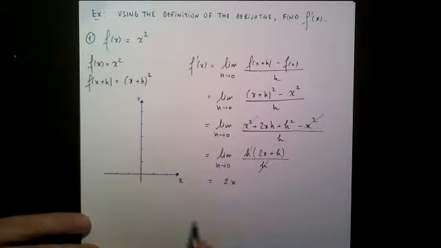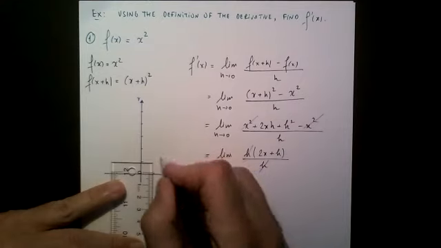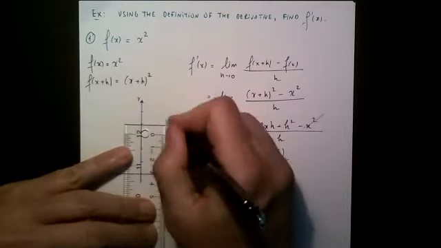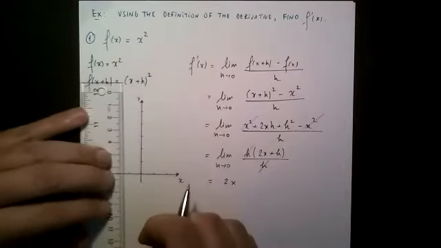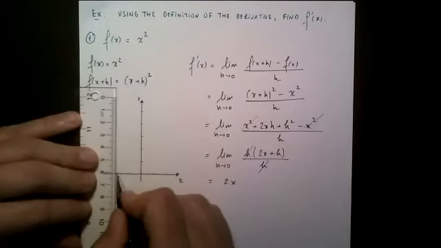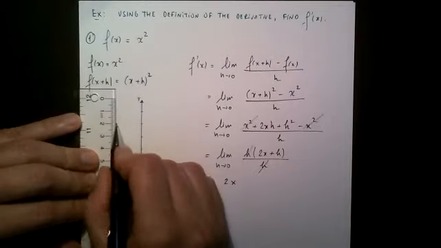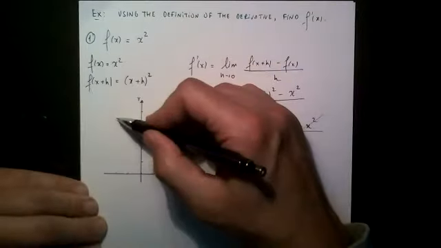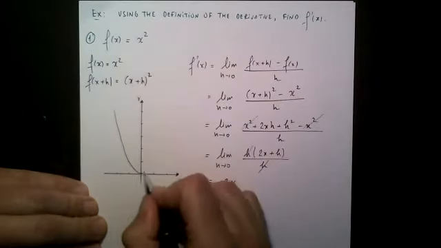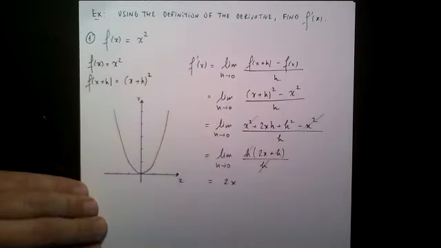So this parabola goes through 0, 0, as we know, it goes through 1, 1. It goes through 2, 4. Then through minus 1, 1, and minus 2, 4. I'm just drawing a rough sketch. So my parabola would look something like this.